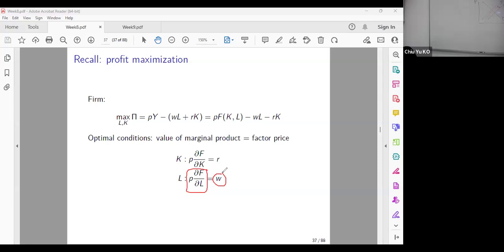And if you hire one more labor, then your production will increase by the marginal product. It's just like this slope here. You increase one more, and this goes up. It's marginal. And you produce this much, and how much you can sell it for is the price P. So in economics this is called the value of marginal product, or the marginal value of labor.